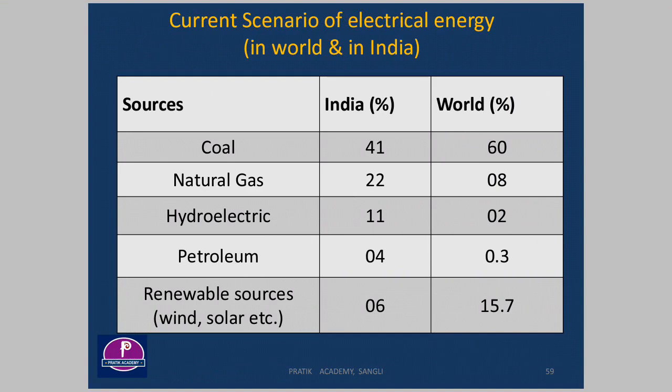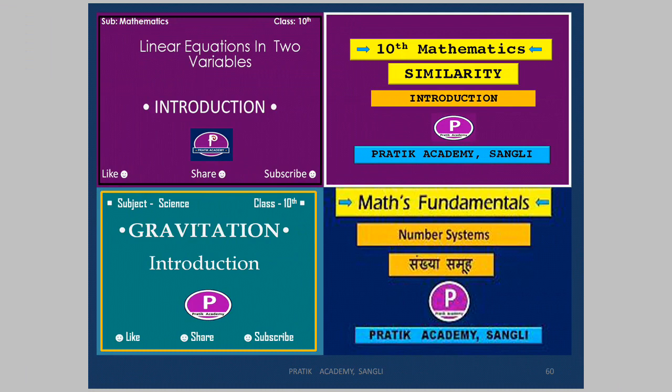We have high power generation from dams also, but renewable or green energy sources are still not popular in India. So we have to increase their use more and more. We have to create awareness about green energy sources in our society. So with this video we have concluded this chapter.